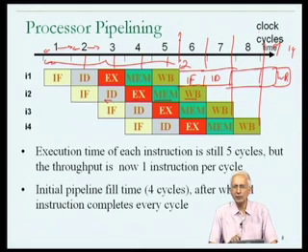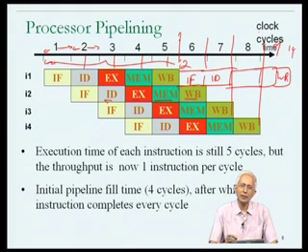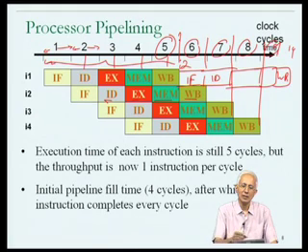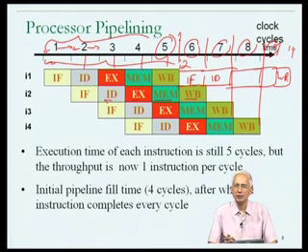Okay. Now the one thing I would want to point out from the perspective of the diagram, since the diagram is up on the screen, is that it is true that an instruction is completing every cycle starting with cycle number 5. In cycle number 5, instruction 1 completes, in cycle number 6, instruction 2 completes, and so on. But if I look at the first 4 cycles, no instruction completed. Therefore, I do have to note that there was this initial time of 4 cycles during which the pipeline was filling up and no instruction completed, but after that the throughput of this pipeline is 1 instruction per cycle.